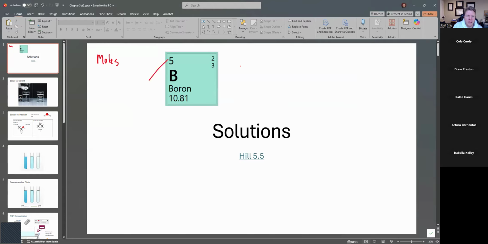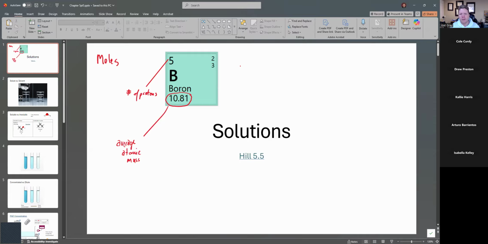For example, the 5, we know that that is the number of protons that an atom of boron has. This 10.81 is a little bit tricky. This is a couple of things, and they're all kind of true at the same time, though they might seem a little bit different. 10.81 is the average atomic mass, of mass, not moss, of an atom of boron.